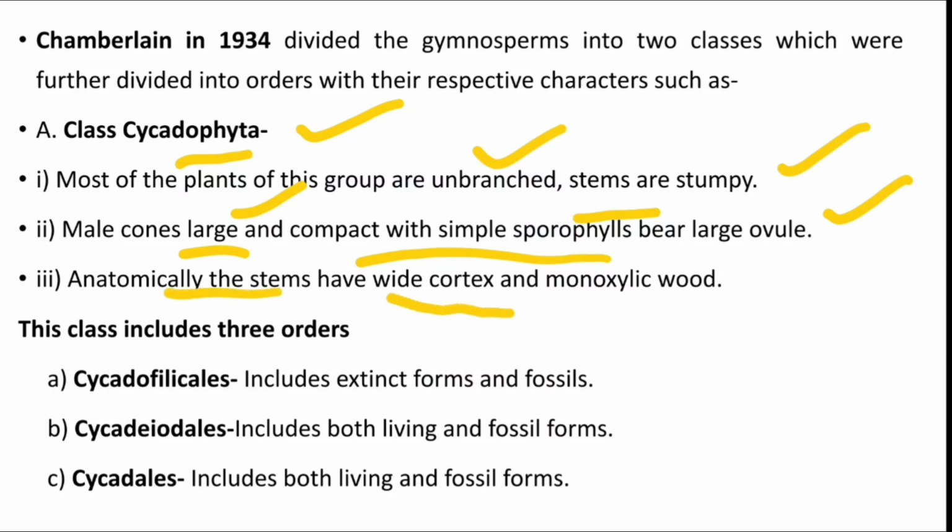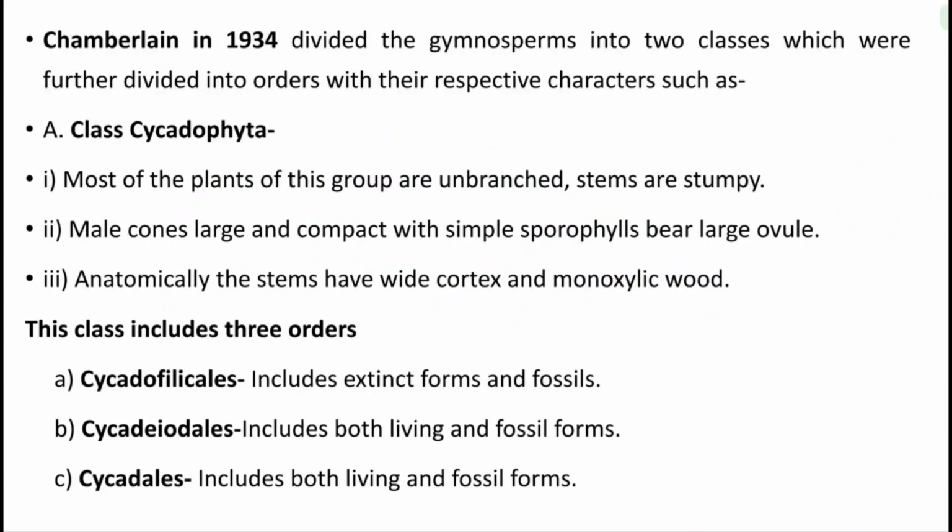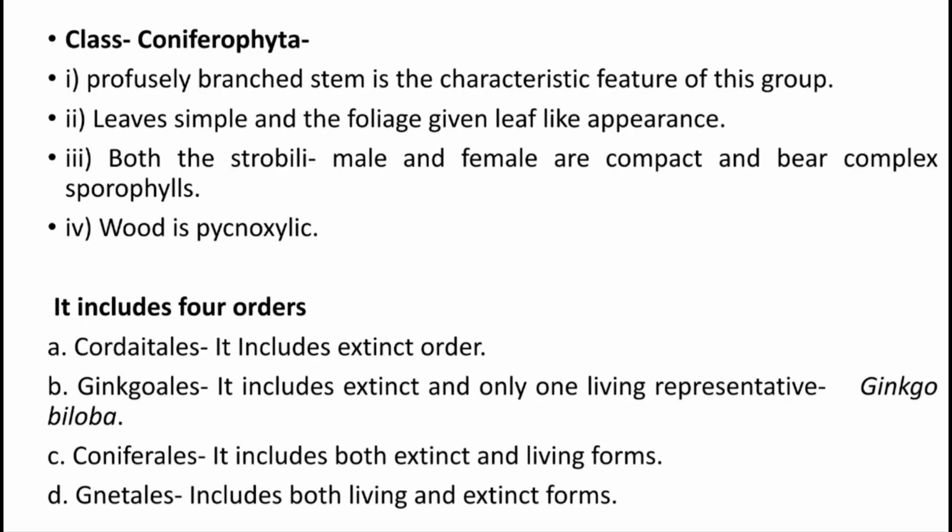Anatomically, the stem has a wide cortex and manoxylic wood. Manoxylic wood has more xylem parenchyma and a large pith, but fewer tracheids. This Cycadophyta includes Cycadofilicales, Cycadeoidales and Cycadales.